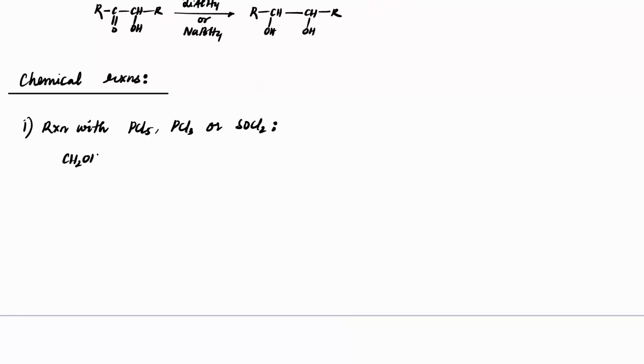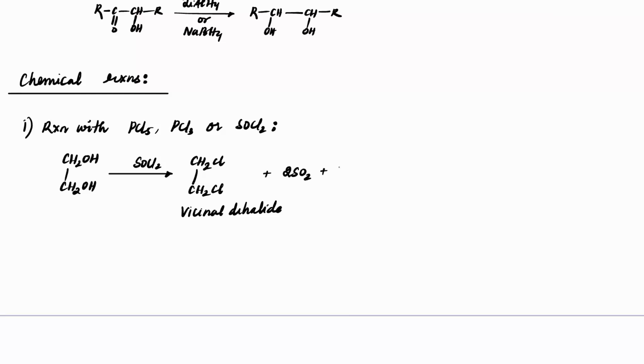These are all repeats, so I'm not taking too much time on it. You have ethylene glycol, and you react with SOCl2. You know what the product is. You'll get CH2Cl, CH2Cl. This is called vicinal dihalides. You get vicinal dihalides plus 2 moles of SO2 and 2 moles of HCl. That's how you will get the product formation.